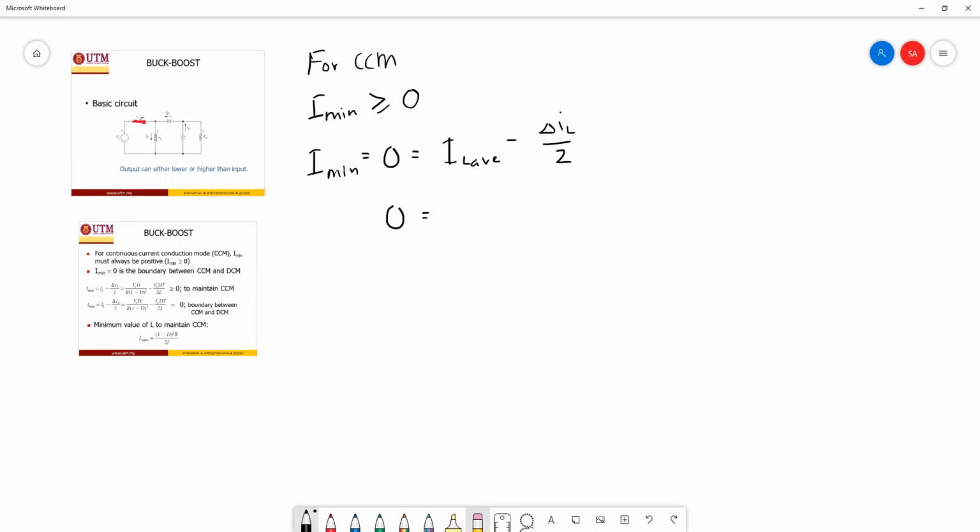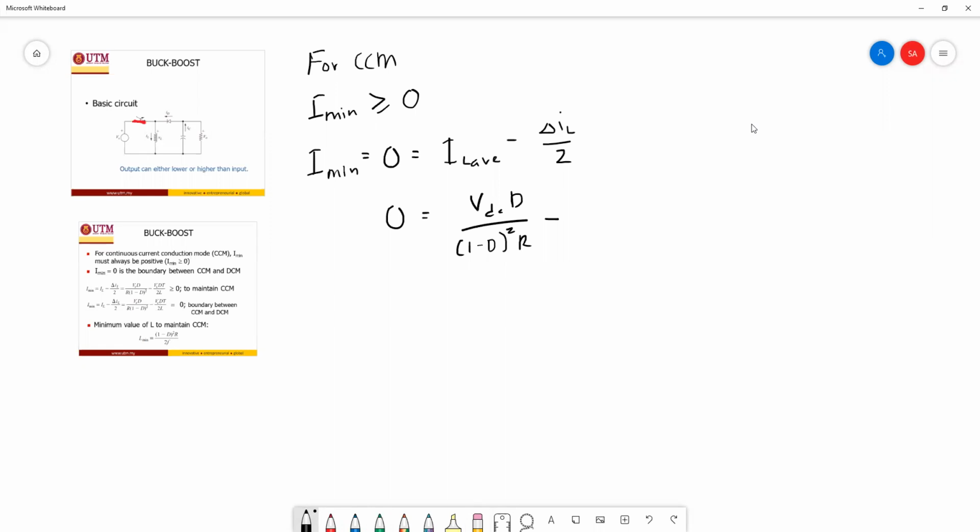For your IL average, what we have derived earlier is D VDC over 1 minus D square R, minus delta IL over 2. For delta IL, you can use either delta IL on or delta IL off.